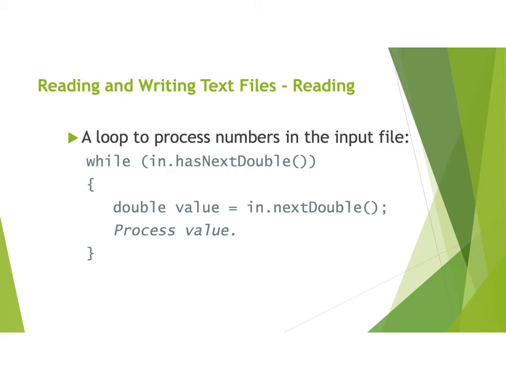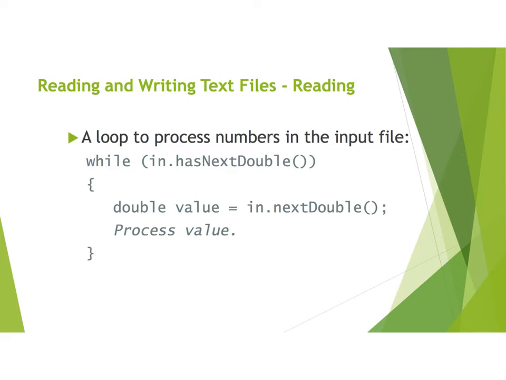The important methods that we learned here from the Scanner class are first hasNextDouble, which is the condition of the while loop, which basically returns true if there is another double in the input file, and returns false if we have run out of all the doubles or all the numbers in the input file.